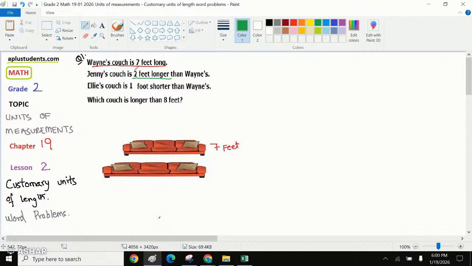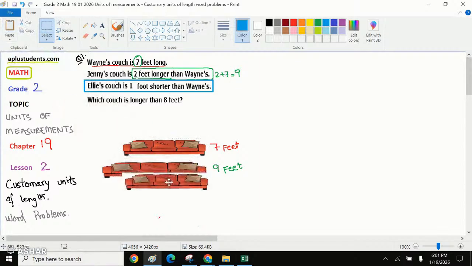If it's 2 feet longer than Wayne's, that means 2 plus Wayne's couch length, which was 7, right? That means 2 plus 7 is 9. That means Jenny's couch is 9 feet in length, right? Okay. The next one says Ellie's couch is 1 foot shorter than Wayne's. That means if this was Wayne's couch, that was 7 feet, Ellie's couch should be 1 foot less, right?